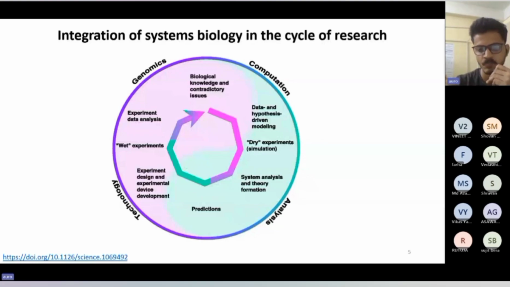So we can pick apart some of the parts, and then use that small part to understand how the system is behaving as a whole. Then we propose some hypotheses to test, and those hypotheses can be tested using again some wet lab experiment, and the cycle goes on.